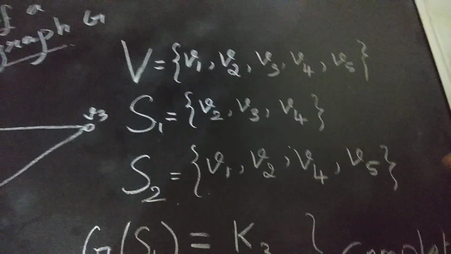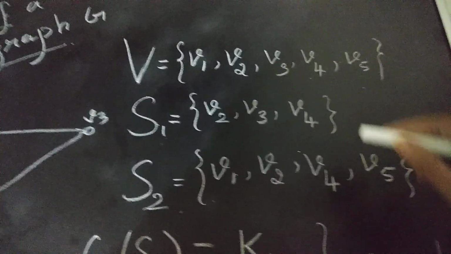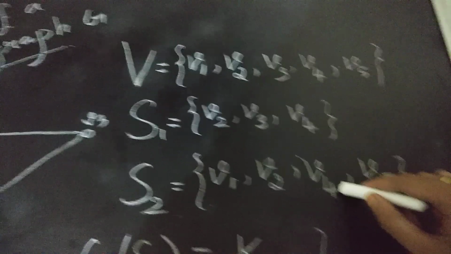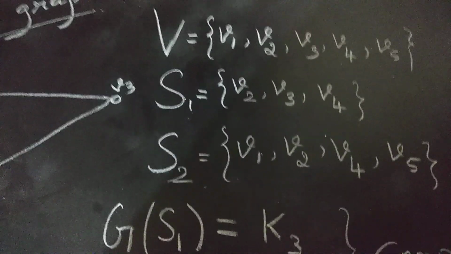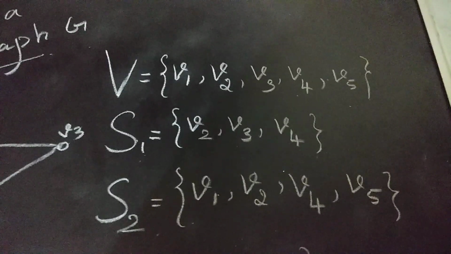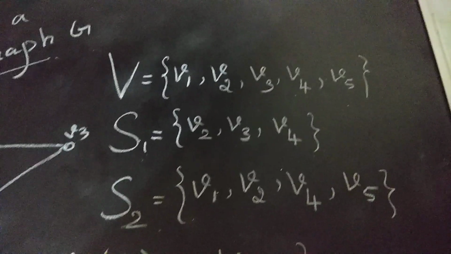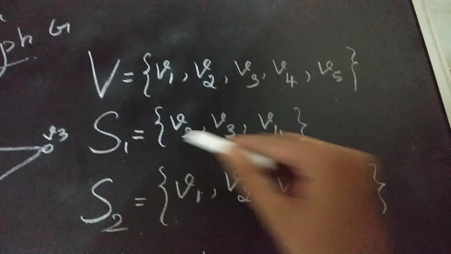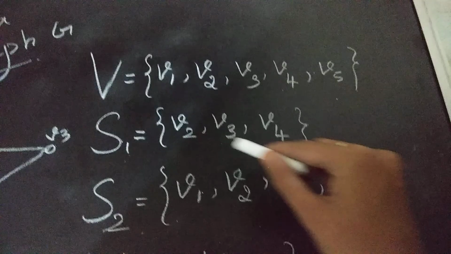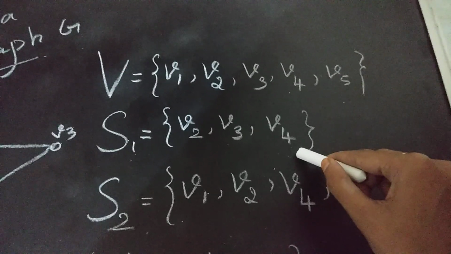Now I am going to say that S1 and S2 are the cliques of a simple graph G. To say that, you have a condition, and I will tell you what that condition is. Here I have the subset S1.